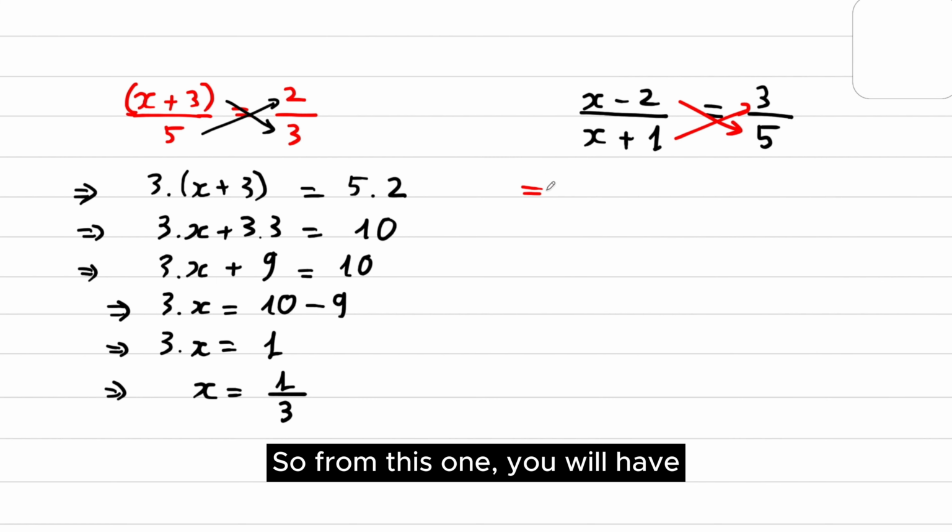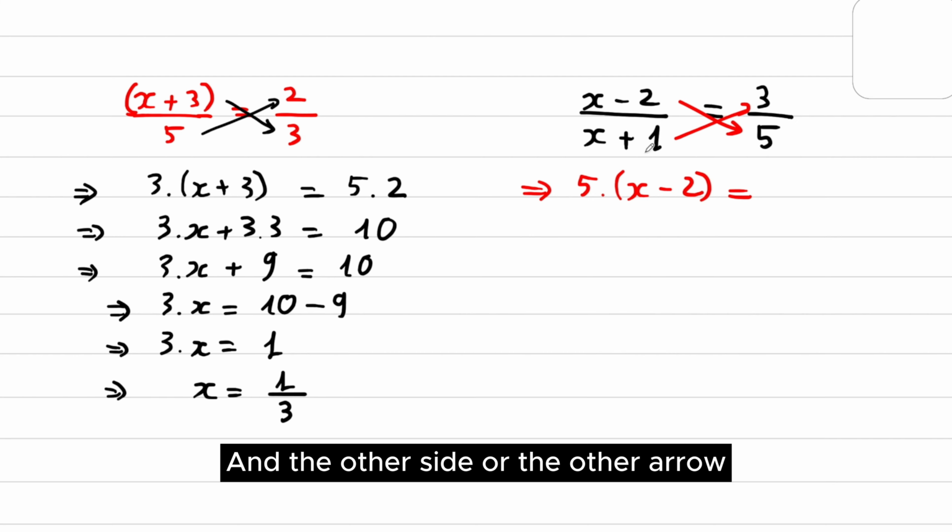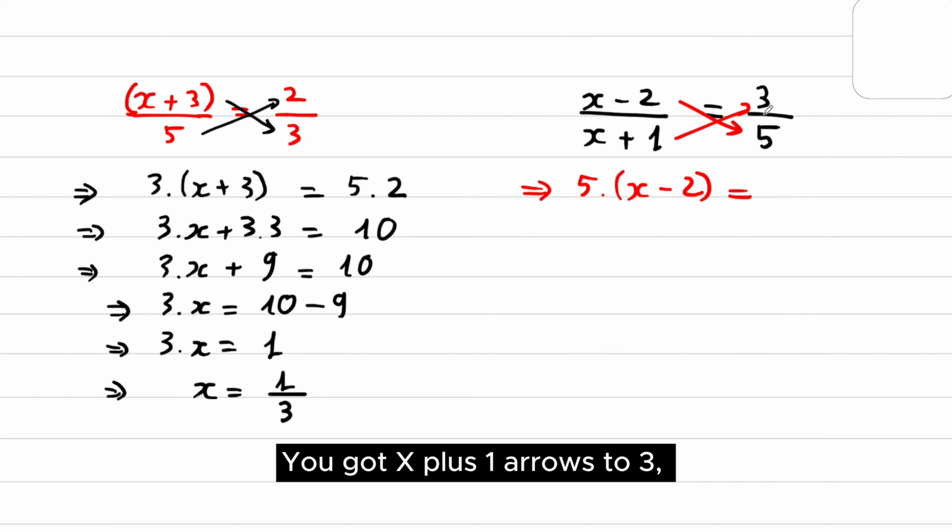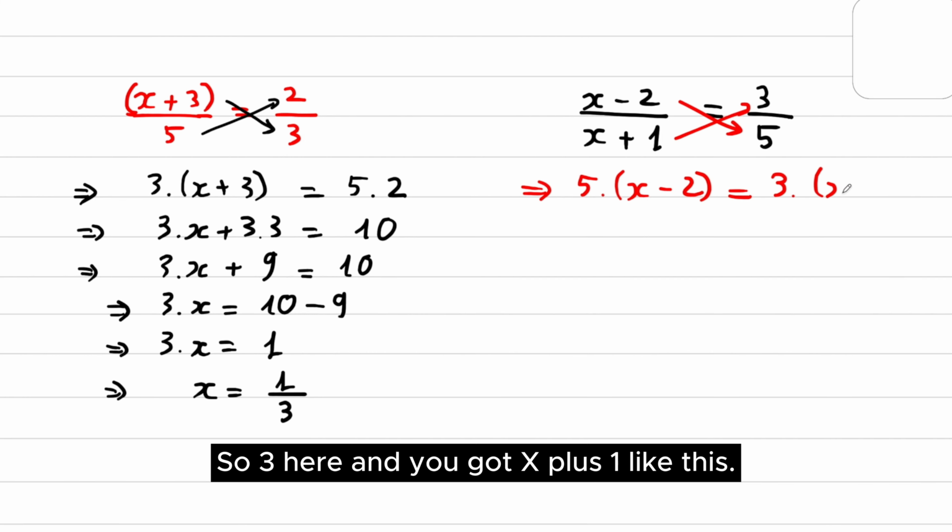From this one, you have x minus 2 with an arrow to 5, which means 5 will multiply (x minus 2). We write down 5 multiplied by (x minus 2) like this. And the other arrow, you get x plus 1 with an arrow to 3, so 3 here, and you get (x plus 1) like this.